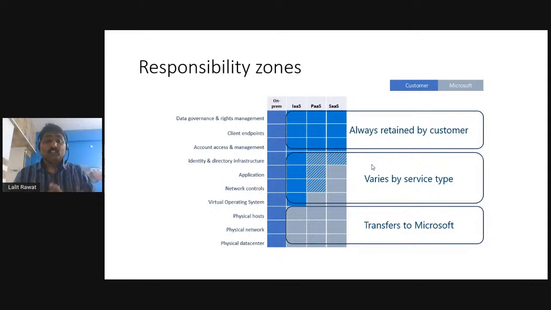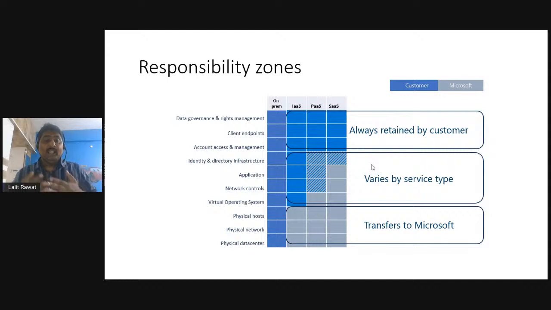You may want to put in a customized image which has a couple of security tools, or have a couple of security patches applied and all of those things. So it gives you a bulk of services which you can integrate and manage on your own, similar to a data center. But what you are not going to manage is the physical and the data centers and their networks.